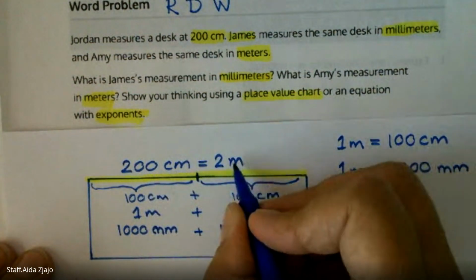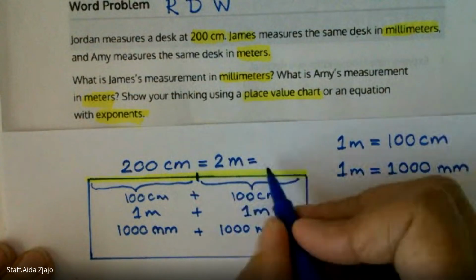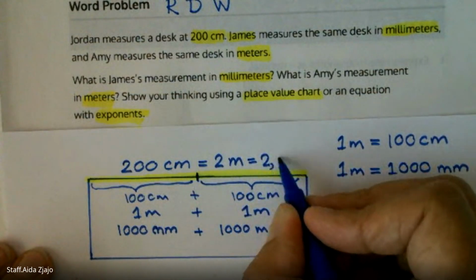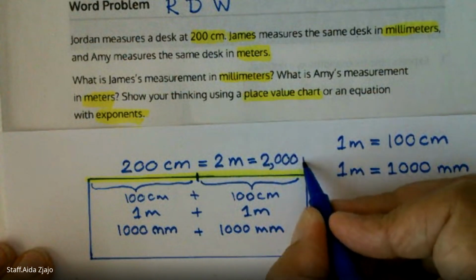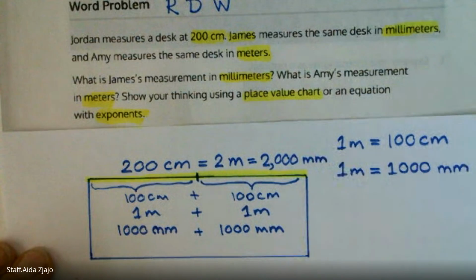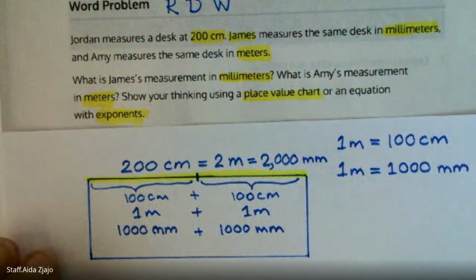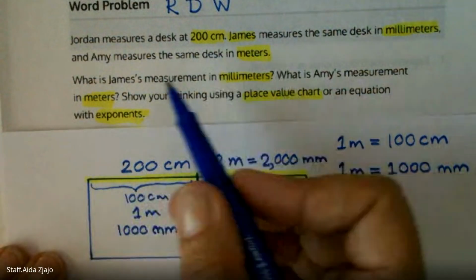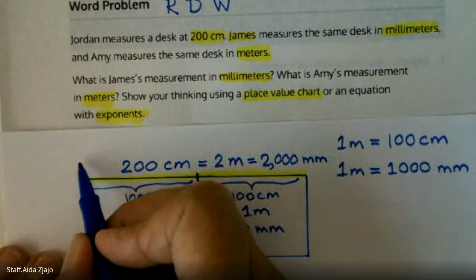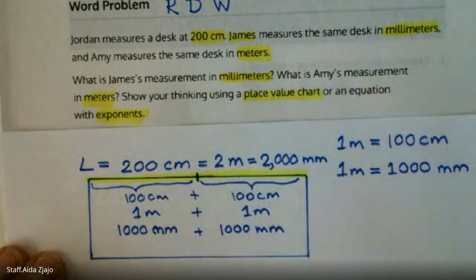So now 2 meters is also equal to 2,000 millimeters. This is how you can solve it with the picture, because that was the long length of the desk that each student measured.